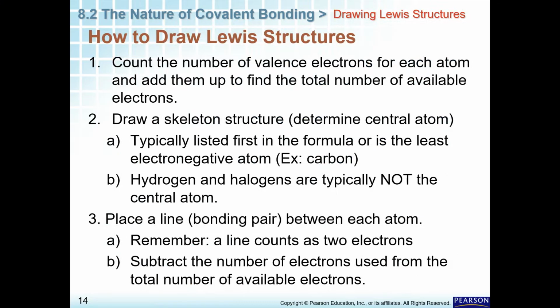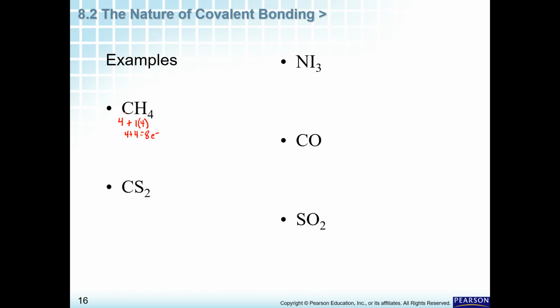However, if you are given carbon, carbon is almost exclusively in the middle, and hydrogen and halogens are typically not going to be the central atom. So again, you're going to look to see who's listed first, but if you're given carbon, smack carbon in the middle. So if we look at our example, we're given carbon and it is listed first. So we're going to put carbon in the middle and we're going to put the hydrogens around carbon.